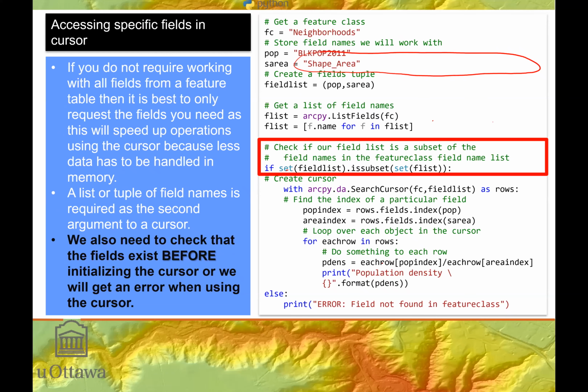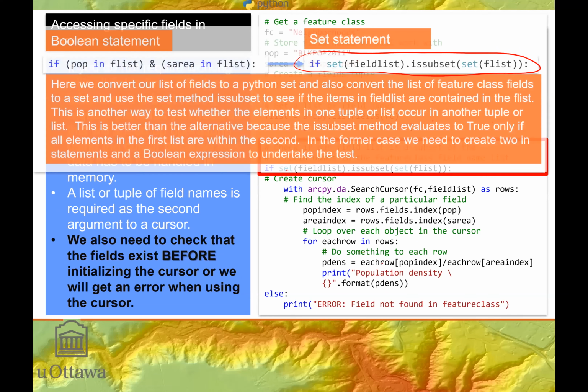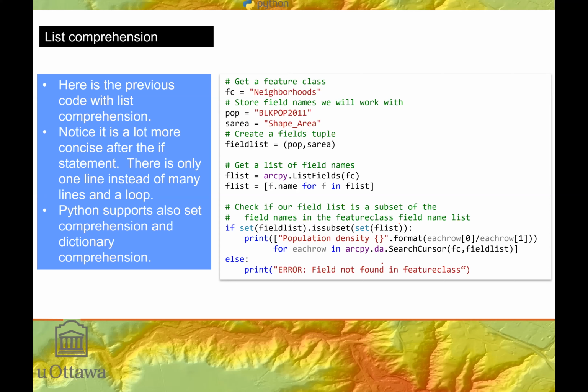So that big thing there, list comprehension, turns out to be just this. And notice here the list comprehension is quite big. It's a list with a bunch of strings in it. Because remember, the first thing is the printing of each row, and then we say for each row in search cursor right here.